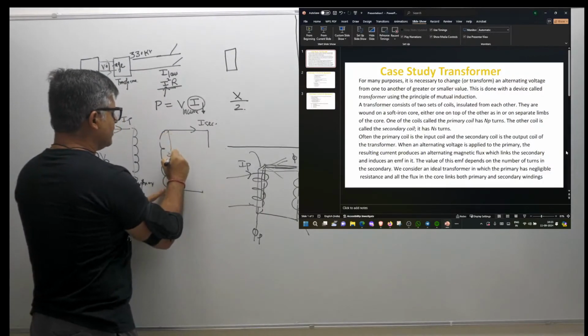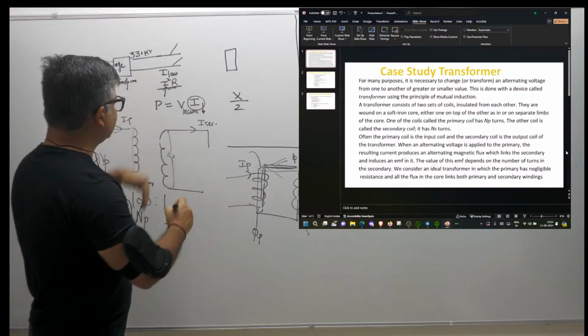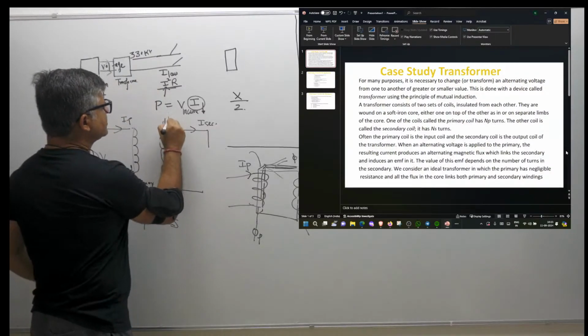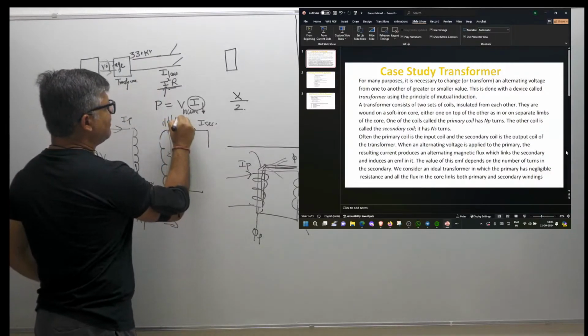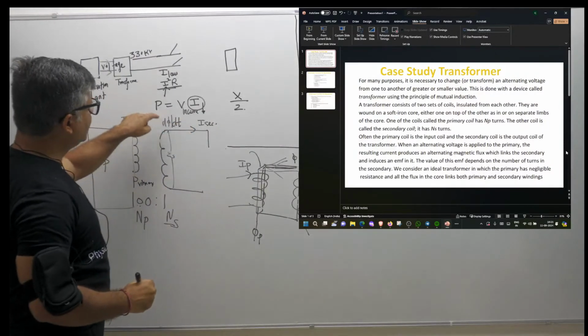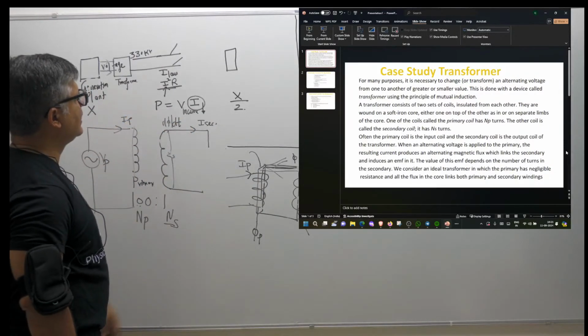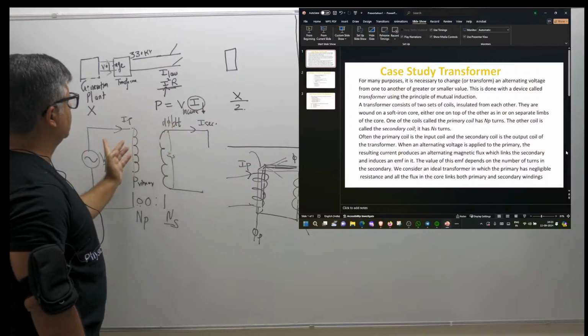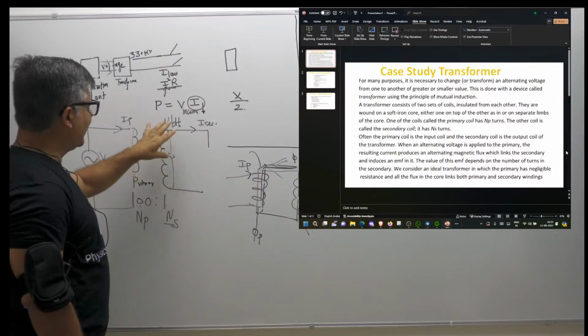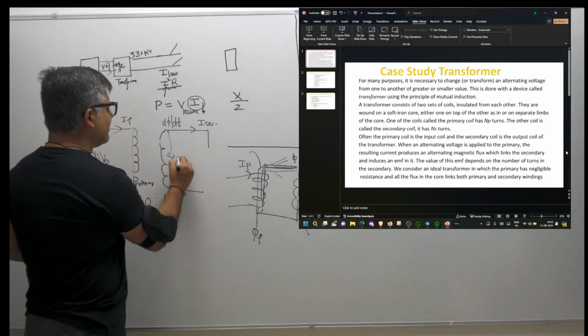So you have an EMF which gets generated in the secondary, because the moment it starts getting a d phi by dt from the primary, it also induces a back EMF, right?